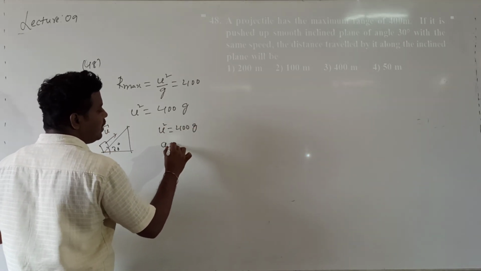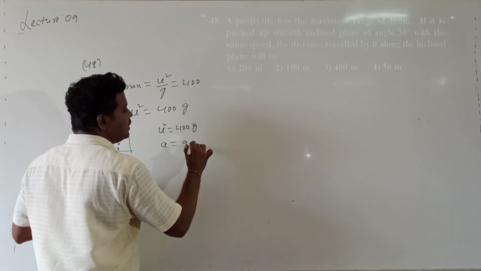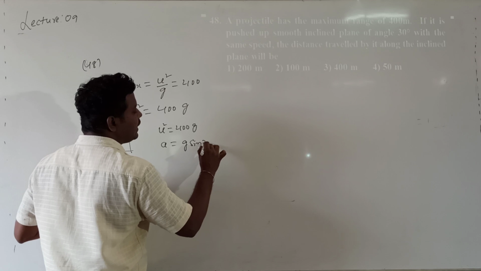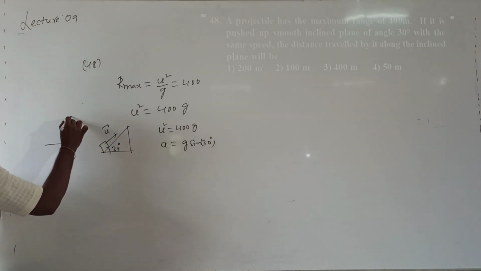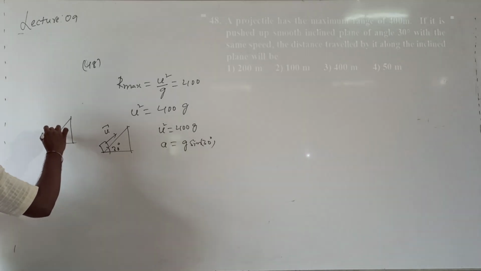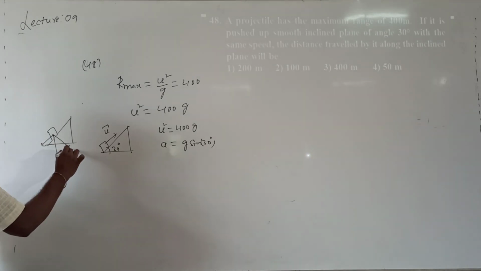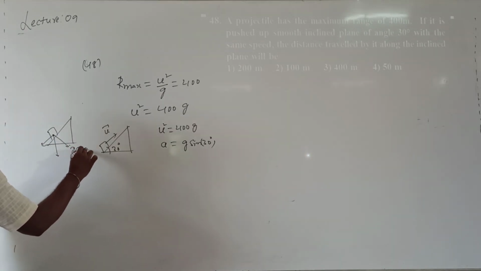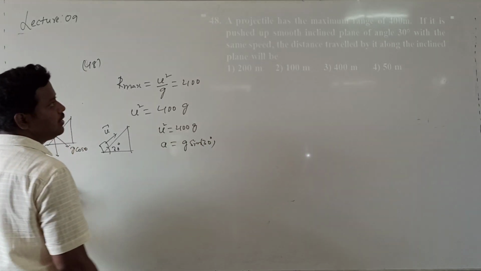What is the acceleration due to gravity for the inclined plane? It is given by g into sin theta, where theta here is 30 degrees. You know that whenever a body moves on an inclined plane, the acceleration due to gravity is resolved into two components: g cos theta perpendicular, and along the plane g into sin theta. So a is equal to g into sin theta.